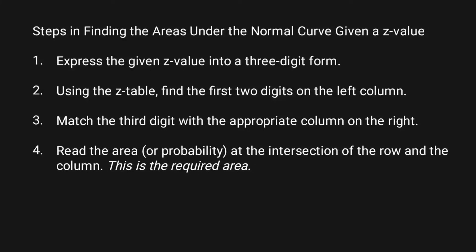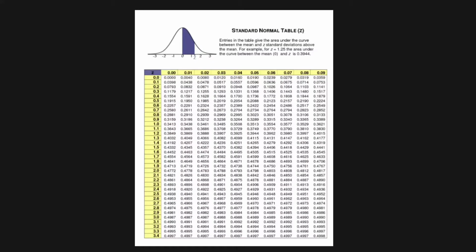Okay, so the area is also a probability. So ito yung table natin. Meron tayong dalawang table in finding the area. Ito yung una, yung mga numbers sa gitna, yan yung probability or area under the normal curve.